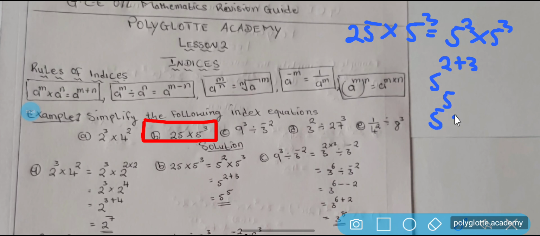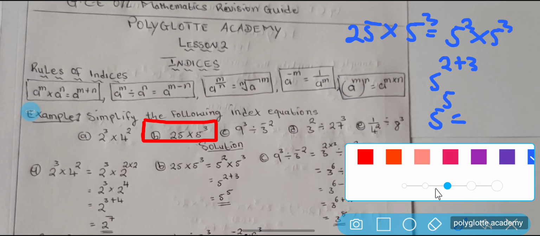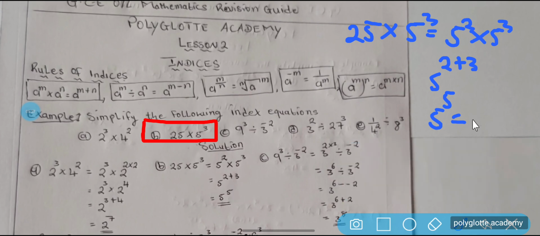You can decide to simplify down, but we'll leave our answer in index form. We can break down the answer, or we can leave it in index form. In this case, let's leave our answer in index form.